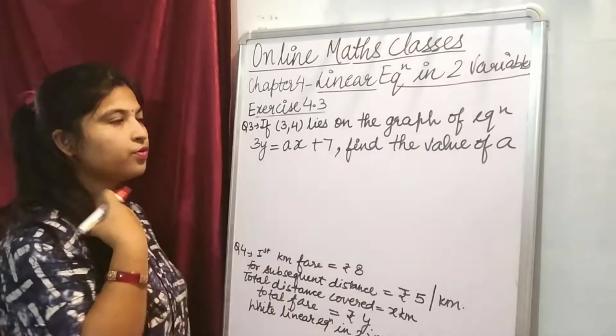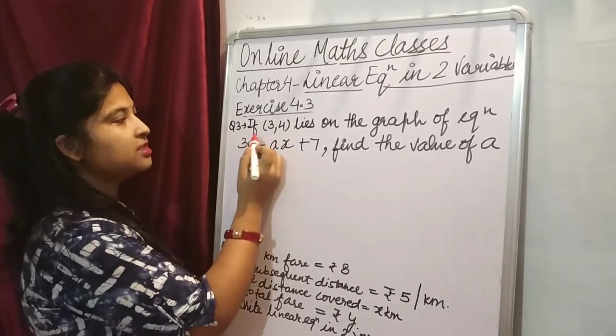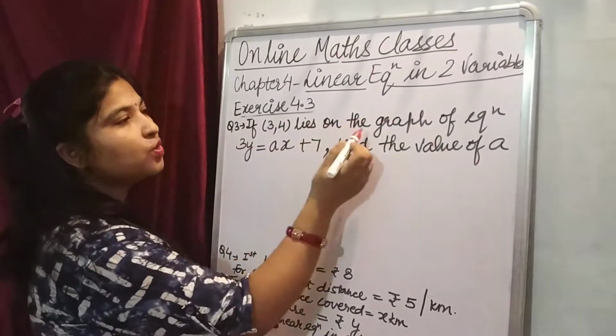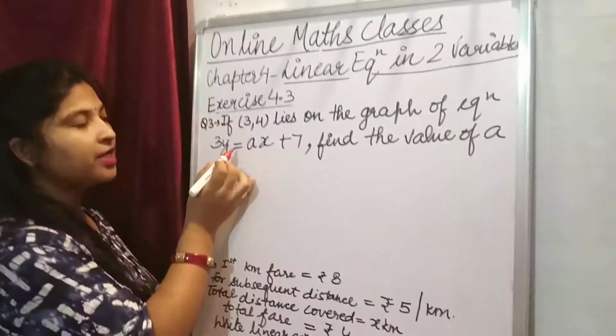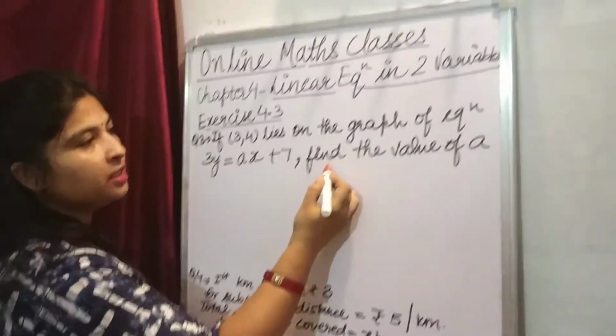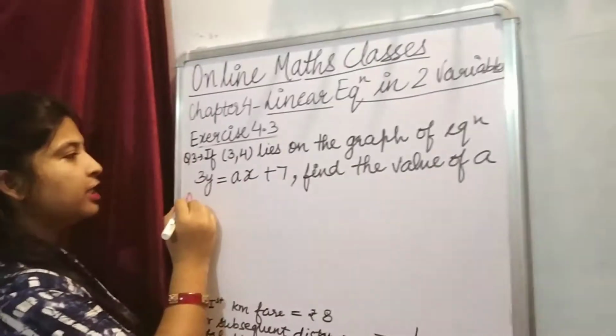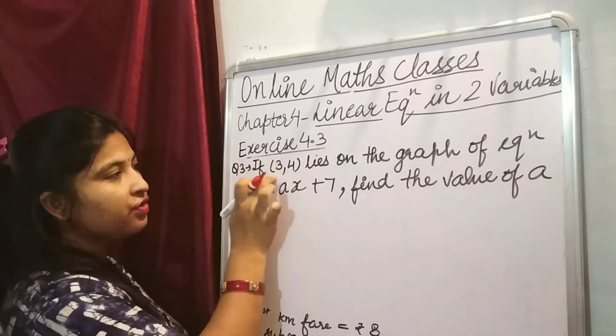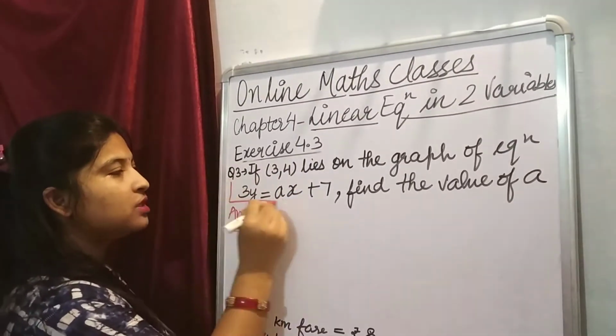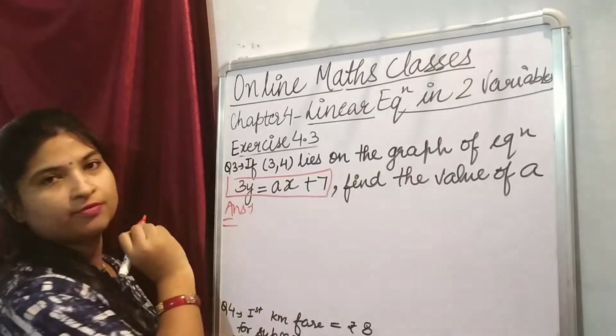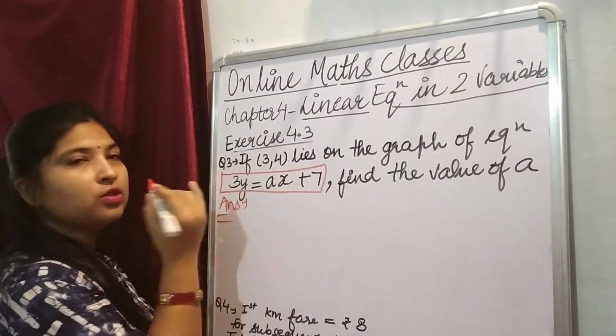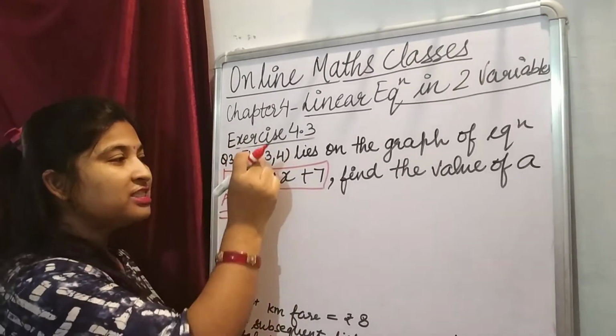Yes, students, you can see question number 3, that is, if (3, 4) lies on the graph of the equation 3y equal to ax plus 7, then find the value of a. Can you see that this (3, 4) is lying on the graph of this equation? So if it lies on this, then it will surely satisfy the equation.